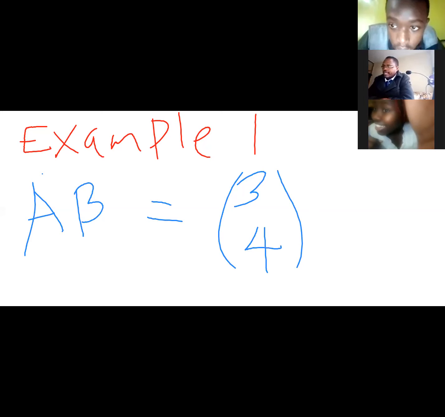I hope you can hear me clearly. A vector is a quantity which has both magnitude. Ruth, make sure that your internet is very stable so that we can move together. Yes. It is a quantity with both magnitude and direction.